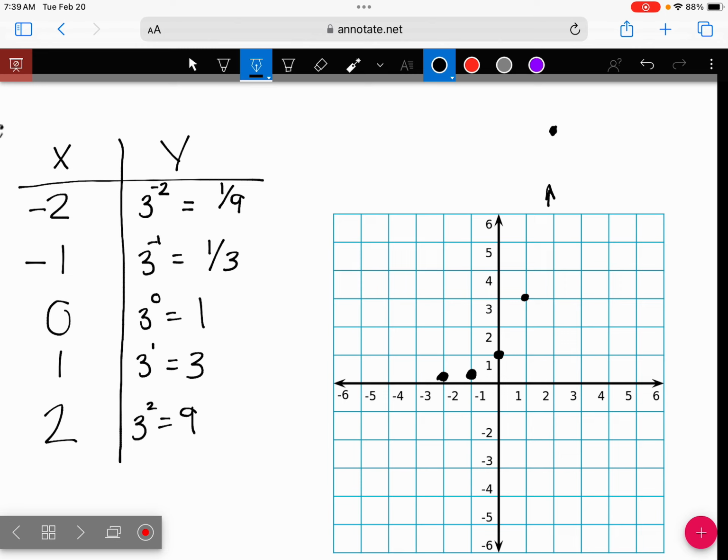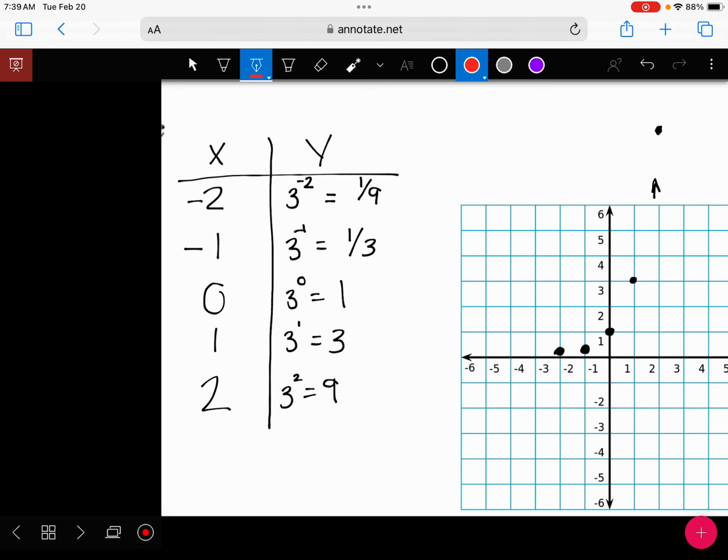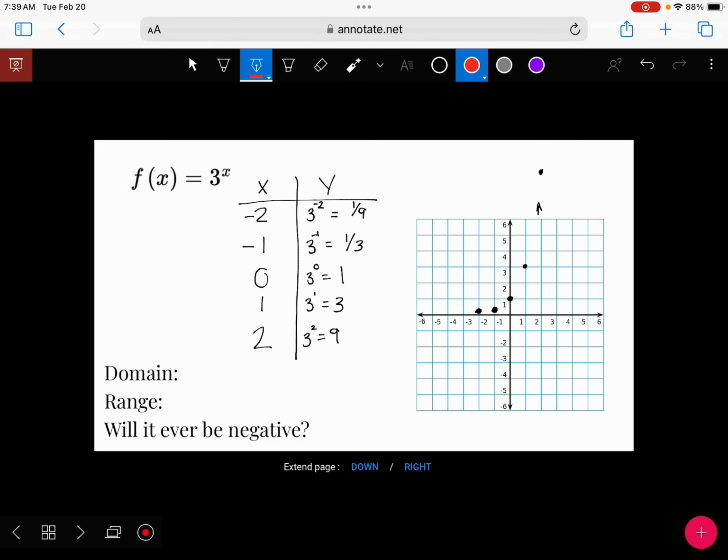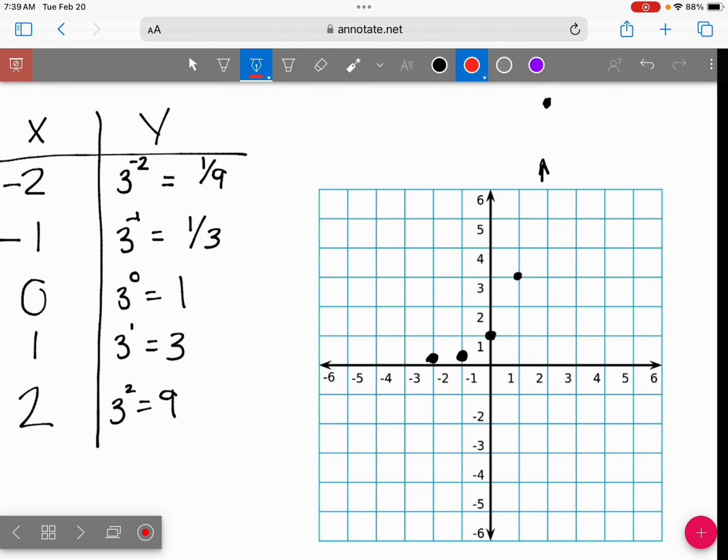And when we connect this up, I want us to remember this has one of those invisible walls. So instead of plugging in a whole bunch of other points, I'm going to remember that this has an asymptote right here, which means my function cannot cross that line.